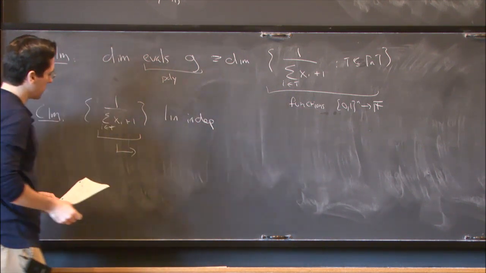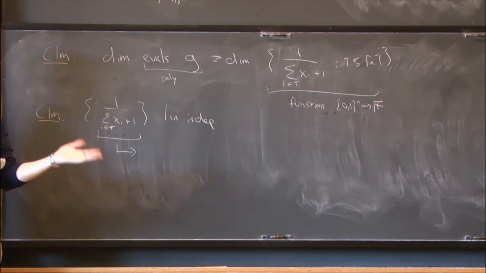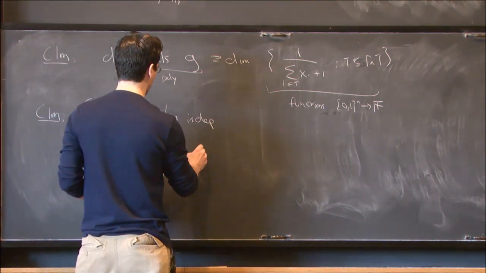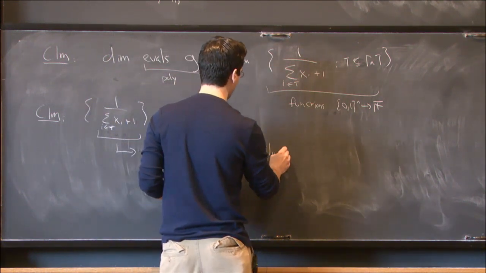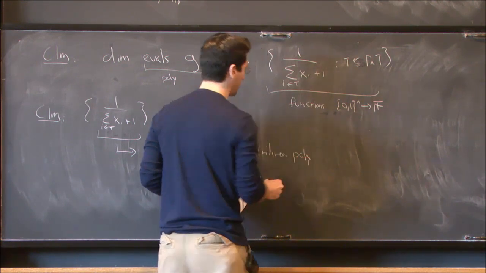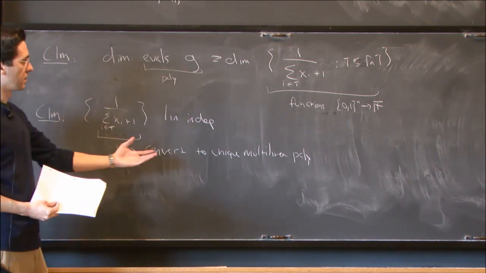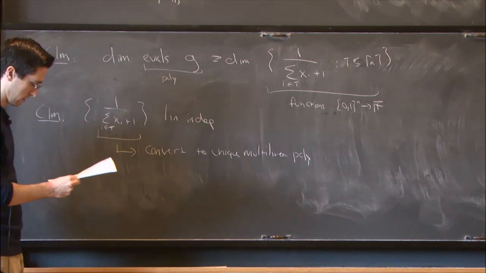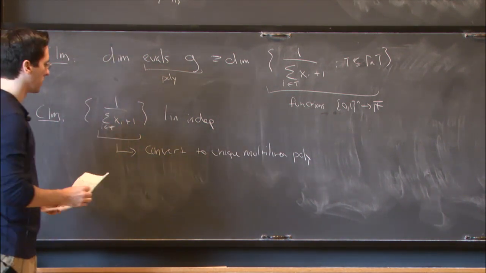As has been mentioned, there's a unique multilinear representation for functions. This is a function, but I can think of it as a unique multilinear polynomial, so convert it to its unique multilinear polynomial, which is in fact an invertible linear map, so I haven't changed the dimension at all. Now I want to show that these polynomials are in fact linearly independent. What do we know about these polynomials? They're just subset sum axioms. And so what do we know?